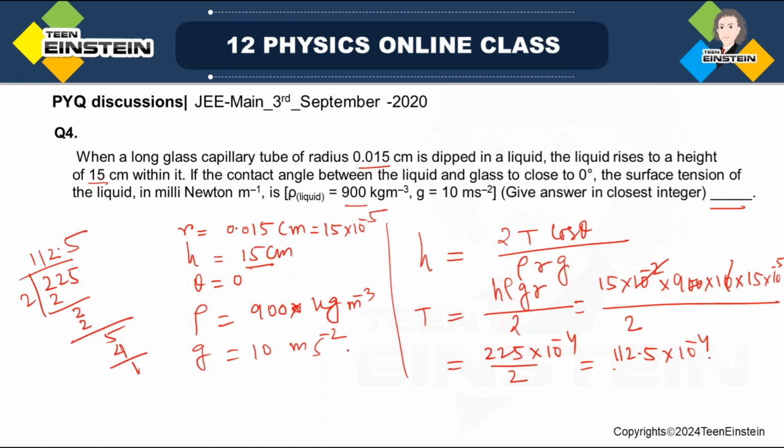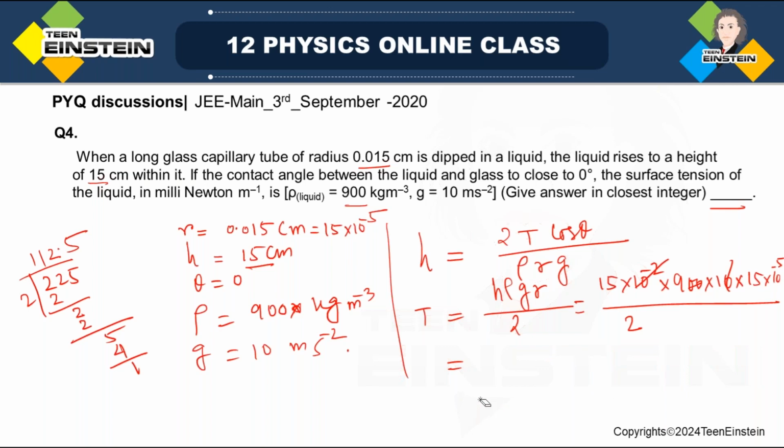If we write in millinewton, then it is actually, I don't know whether I have done some mistake in the calculation. 15 centimeter. Okay, this is fine. 900. Oh, I had left 9 actually. There will be one more 9 here. Anyway, do the calculation, the rest of the things are same.